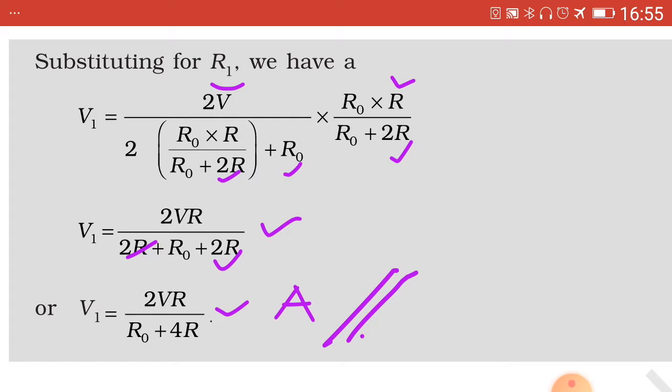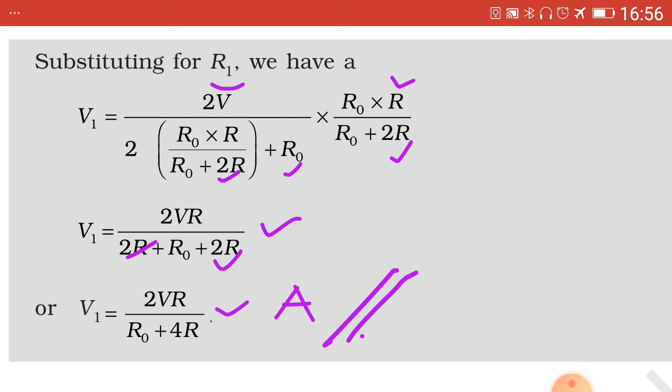So 2V into R, so 2VR upon 2R plus R0 plus 2R, that is the last terms, which again all those three terms have been tick marked. So 2R plus 2R, that is 4R and plus R0. Hence V1 equal to 2VR upon R0 plus 4R, which is the final answer.